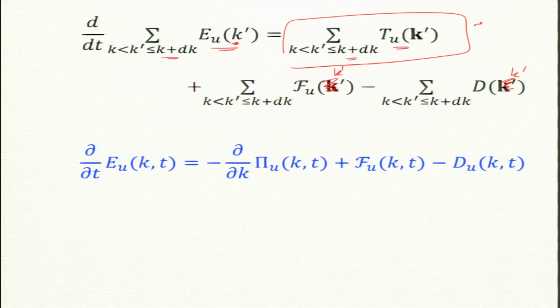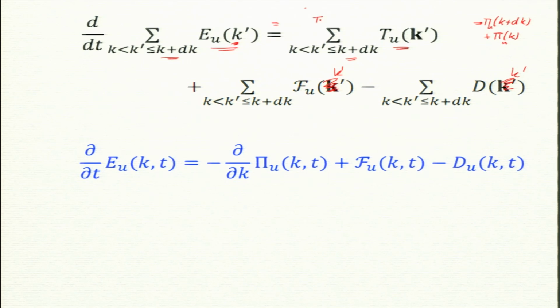So there is a negative sign, minus pi k plus dk, minus becomes plus, is pi of k. Everybody is with me on this? The minus sign is because I am summing from 0 to k plus dk.